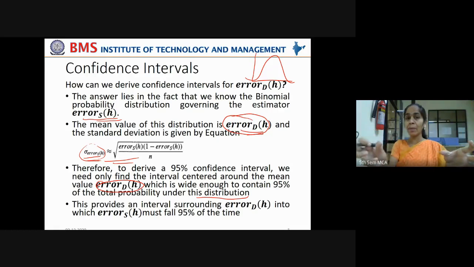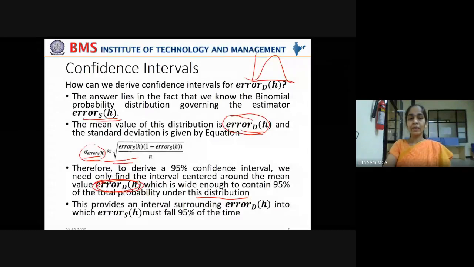Sample error is an unbiased estimate of the true error because there is no difference between them. When both are equal, we can say that sample error is equal to true error.